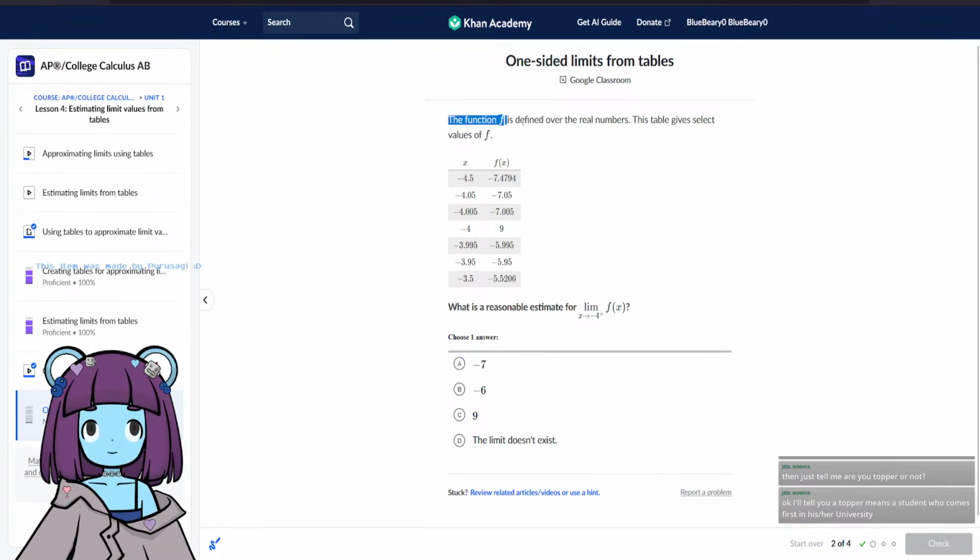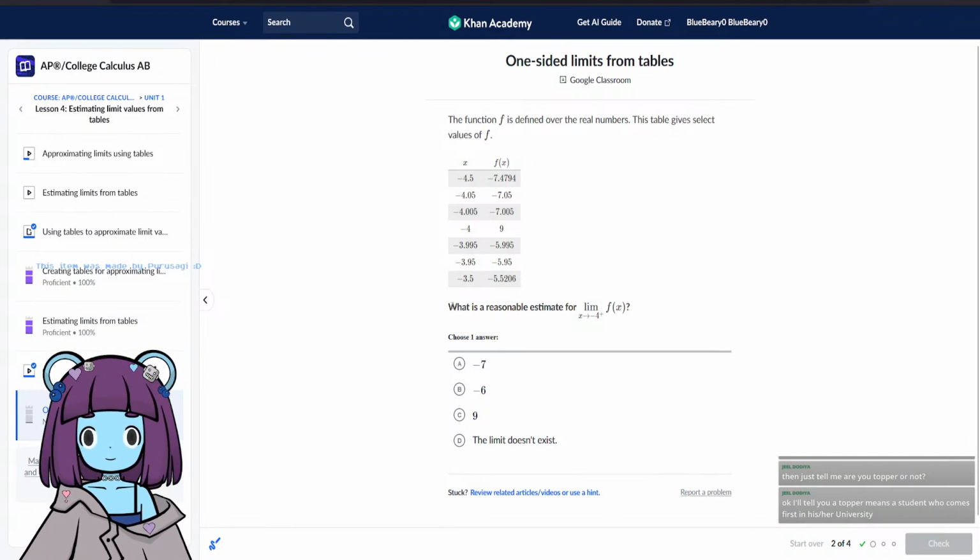The function f is defined over the real numbers. This table gives select values of f. What is a reasonable estimate for the limit of f of x as x approaches -4 from the right side? So from the right, it would be from here, and we can see that it decreases to around 5.